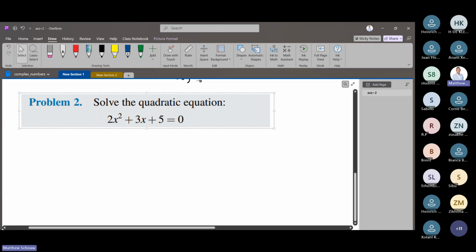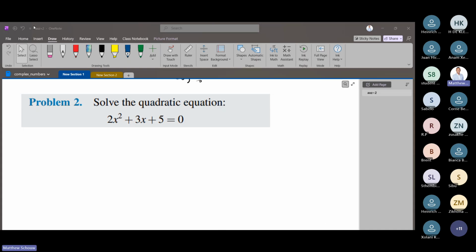Let me know when you're done. So we need to solve the complex roots. I'll put up the solution, or just put up the answers. You guys can figure out the rest, unless everyone is lost.